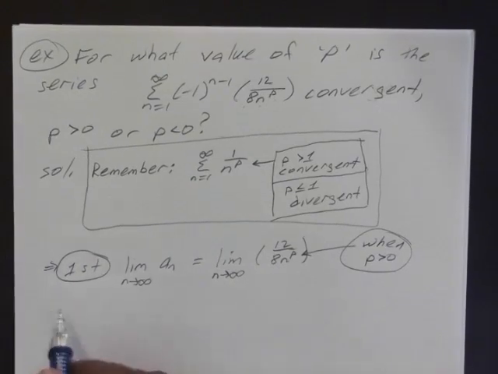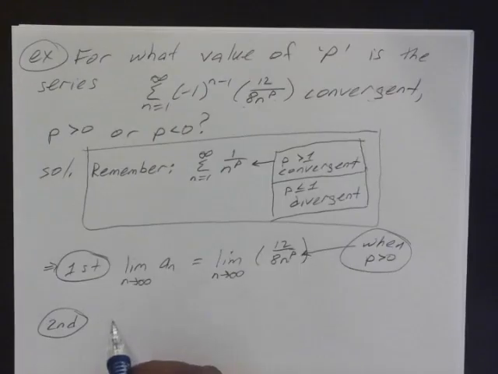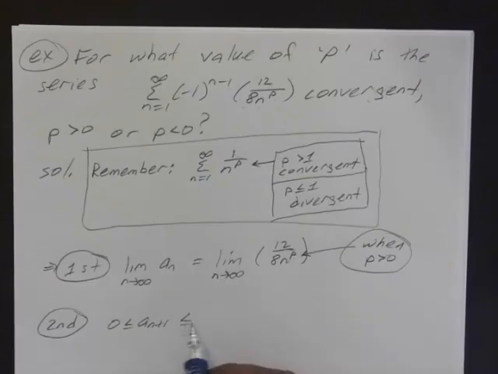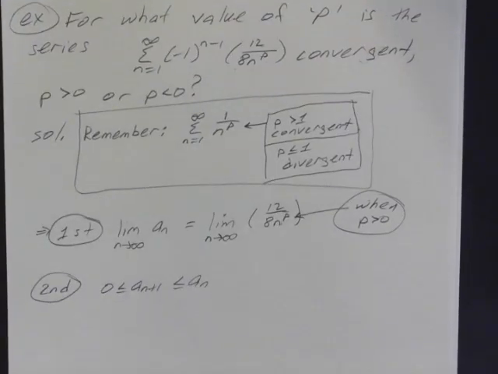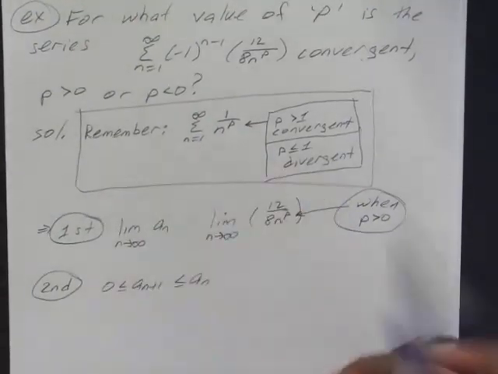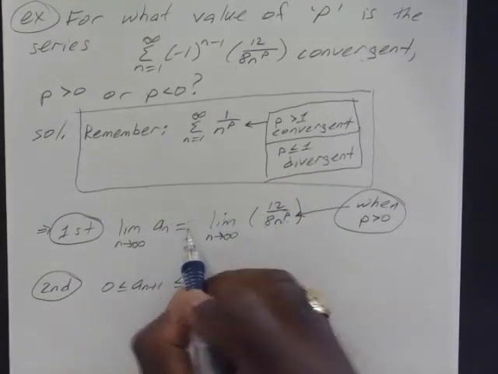Okay, so now we have to see the second condition. Well, we know our a sub n is equal to 12 divided by 8 times n to the power of P. Or if we wanted to, we could actually factor out that 12 over 8, which I'll do just to make the next step a little easier.